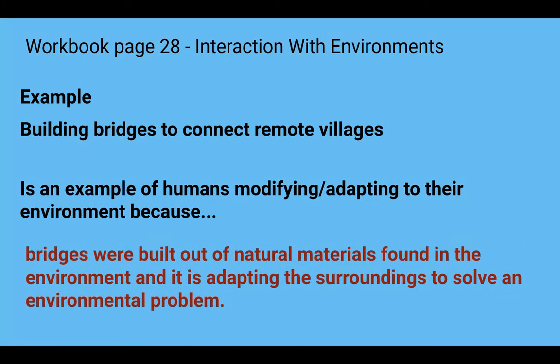I said because bridges were built out of natural materials found in the environment, and they are building bridges to adapt to the surroundings to solve an environmental problem. So the problem is the villages are remote. They're far away from each other, and it's not easy to get from one of the villages to another. So to adapt to their environment, civilizations built bridges. That makes sense.